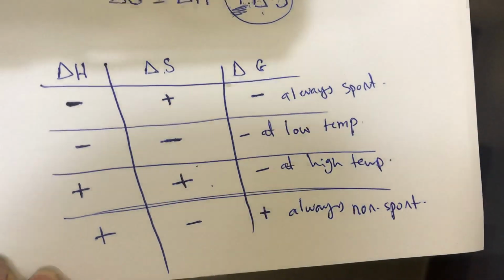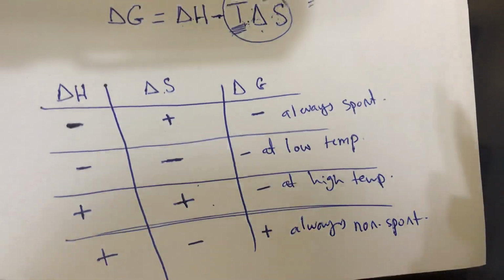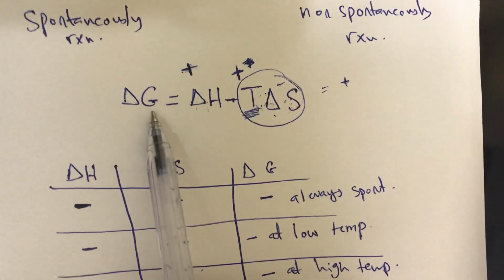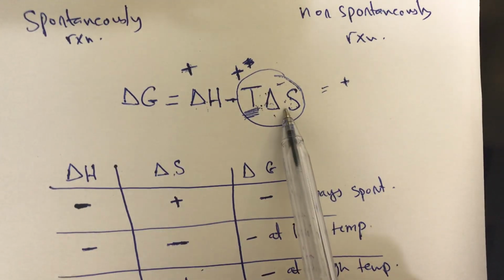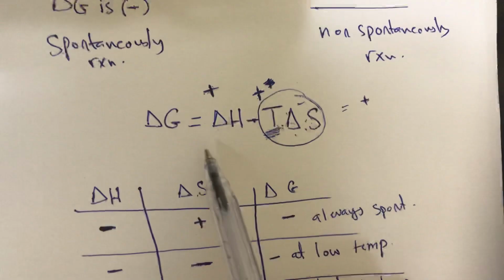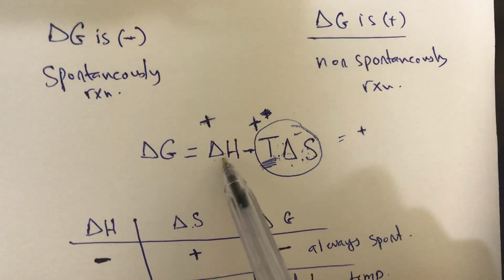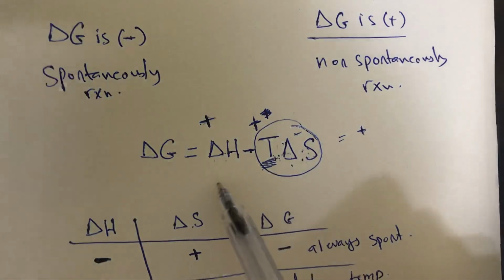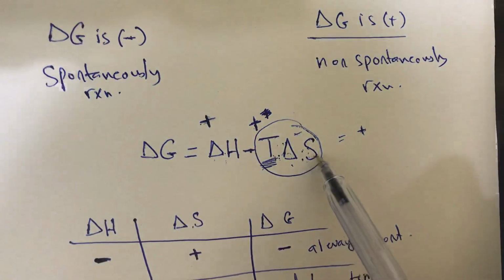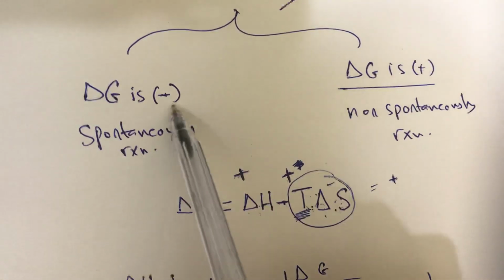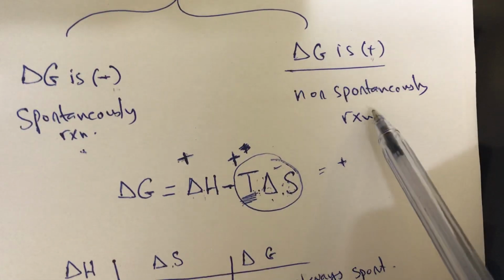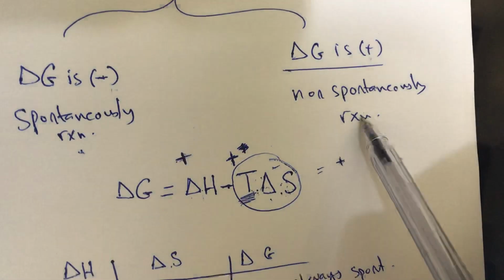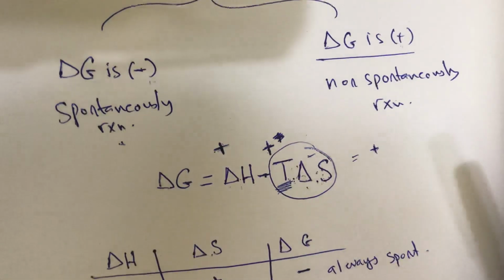So again, delta G equals enthalpy minus temperature times entropy. If the answer is negative, it's a spontaneous reaction. If the answer is positive, it's a non-spontaneous reaction.